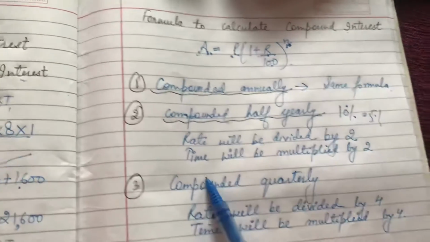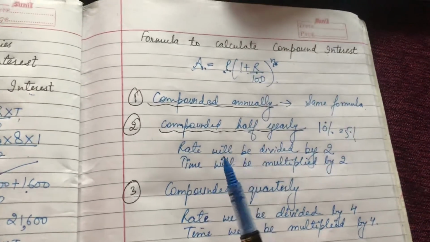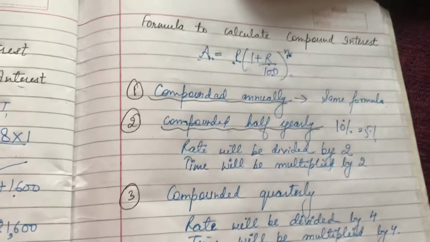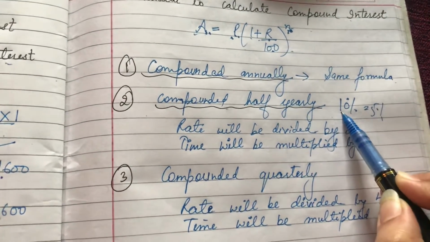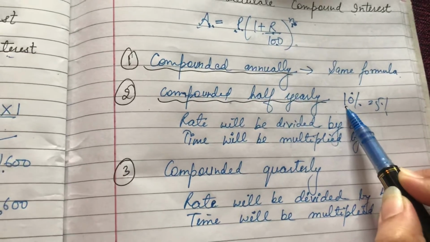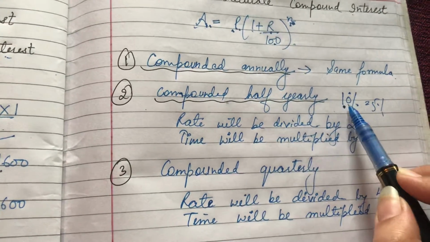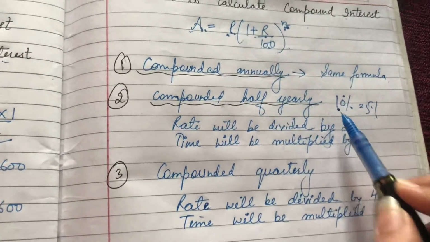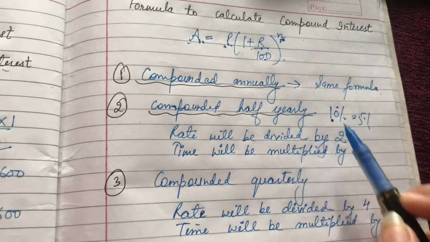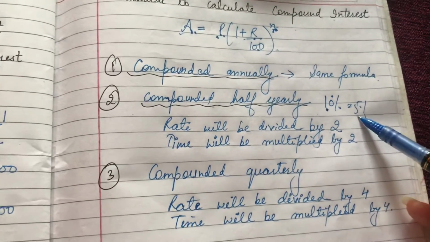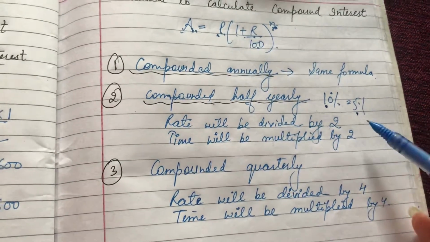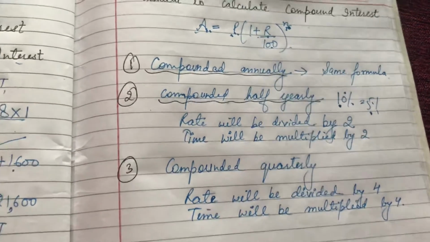Now, if 2 times interest is added, it will have an effect on the rate and time. Suppose the rate is 10%. Now, if you have to add the interest 2 times, then you will not take 10% as the interest. You will divide this 10% into halves of the year, and you will give 5% to the first half of the year and 5% to the second half of the year.